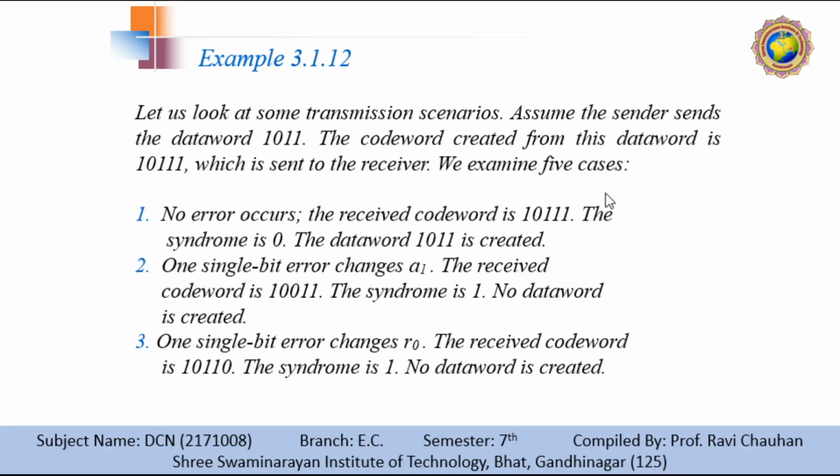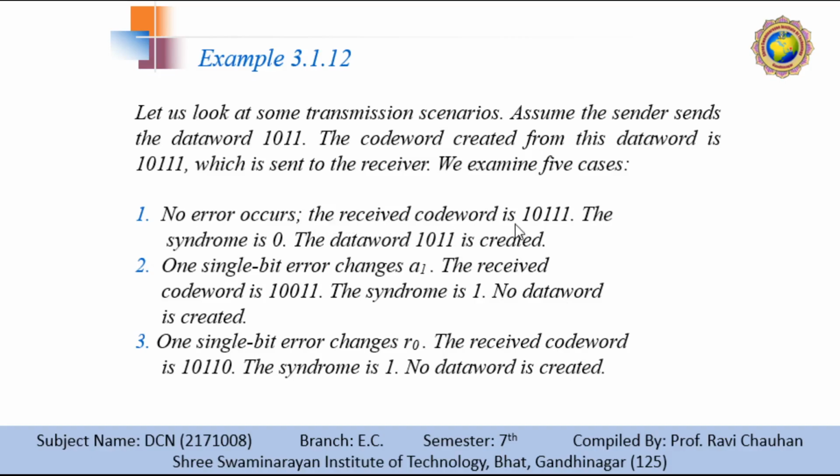Let's have an example. Let us look at some transmission scenarios. Assume that the sender sends the data word 1011. The code word created from this data word is 10111, which is sent to the receiver. We examine 5 cases. In the first, no error occurs.